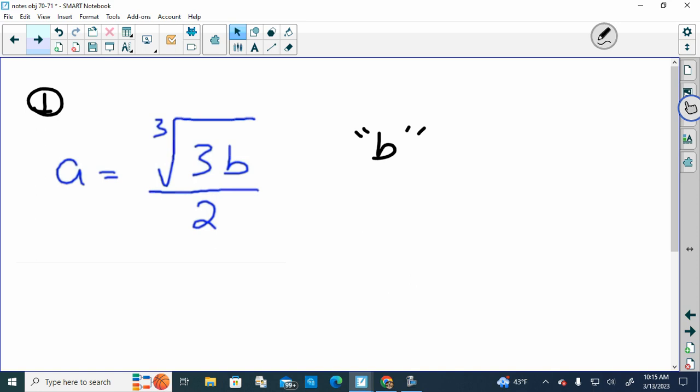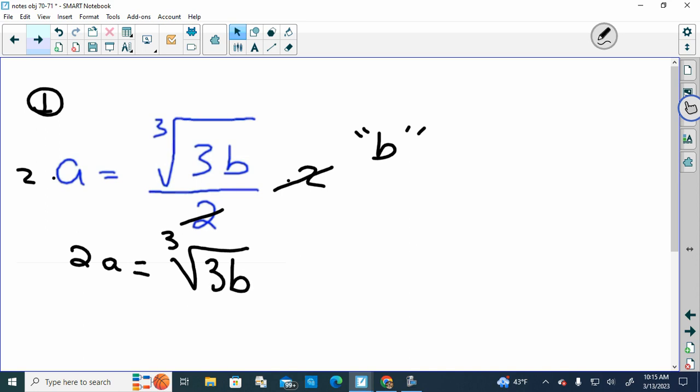Okay, so the opposite of divide by 2 would be times it by 2. So when I times it by 2 on this side, I've got to times it by 2 on this side, right? Okay, so now I have 2a equals, this went away, and now I just have cube root of 3b. If you were paying attention at the beginning, I did what the last step would have been first.